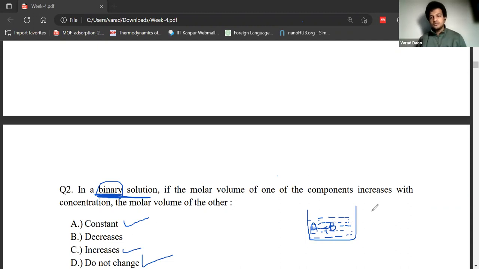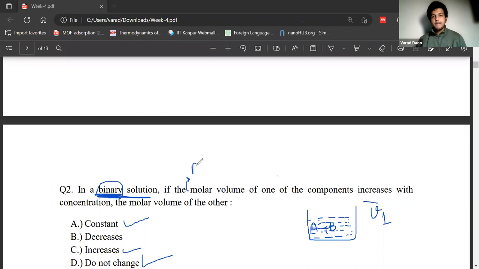So what is molar volume? It is molar volume or partial molar volume. I think it has to be partial molar volume, V1 bar. What is partial molar volume? Partial molar volume is V1 bar.